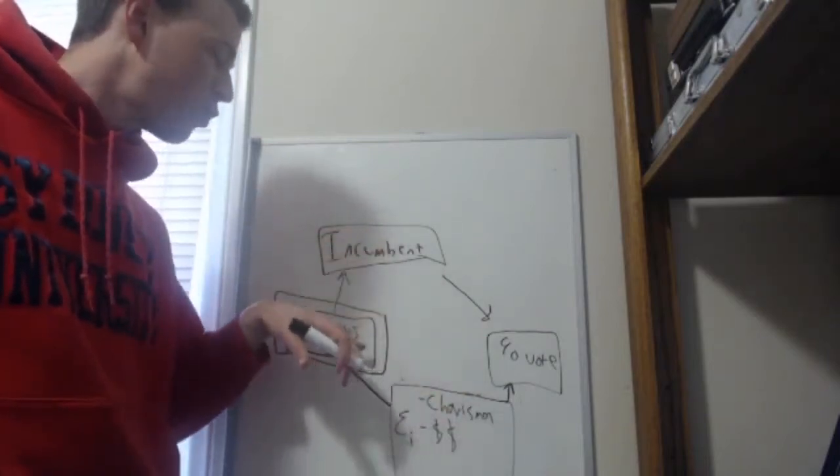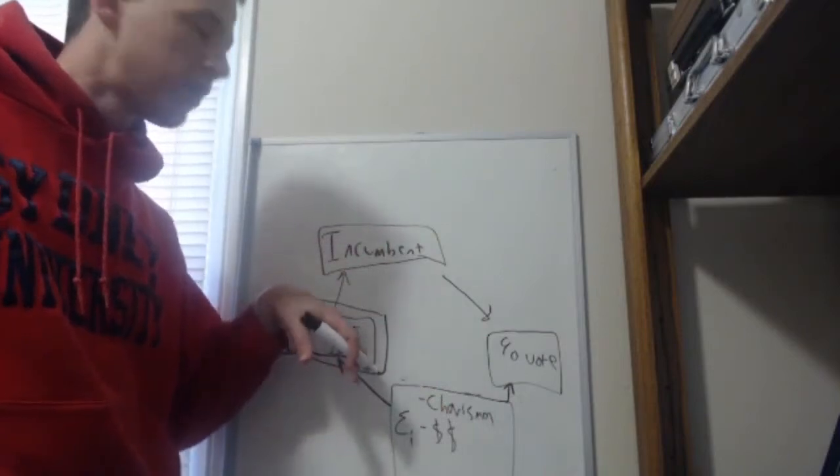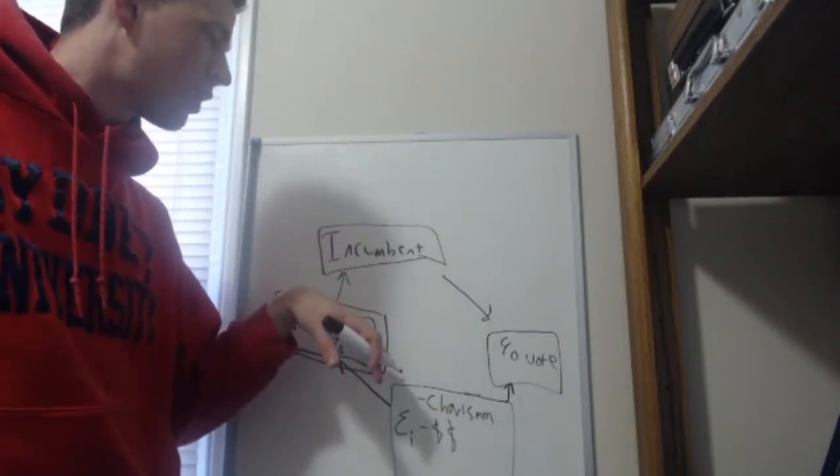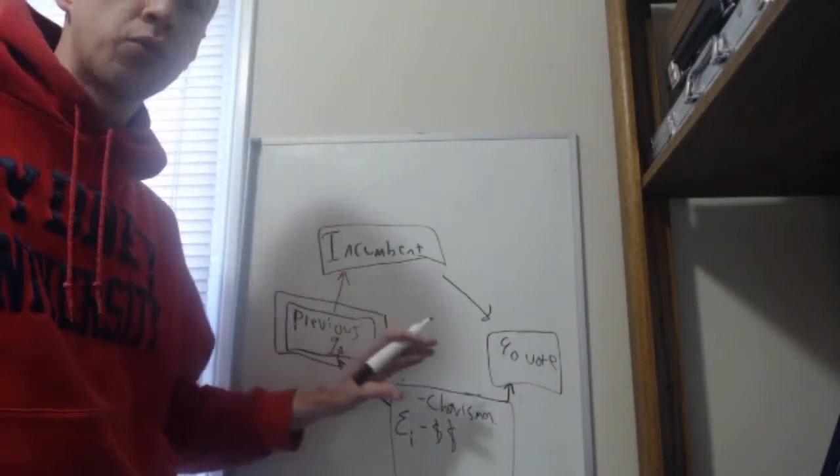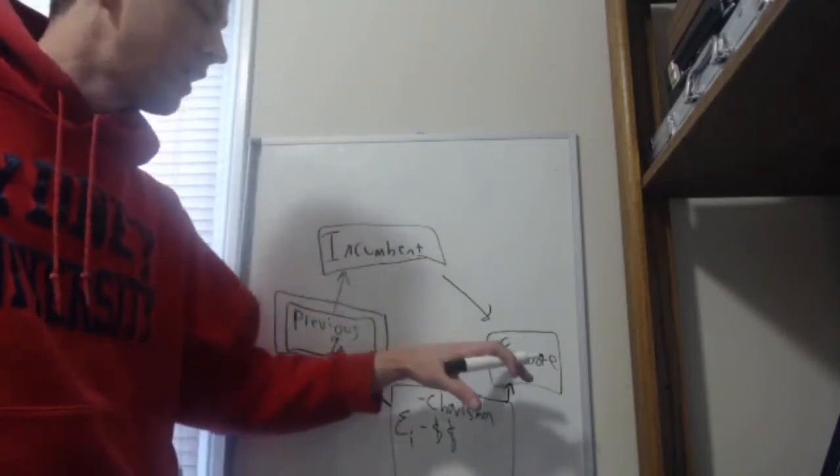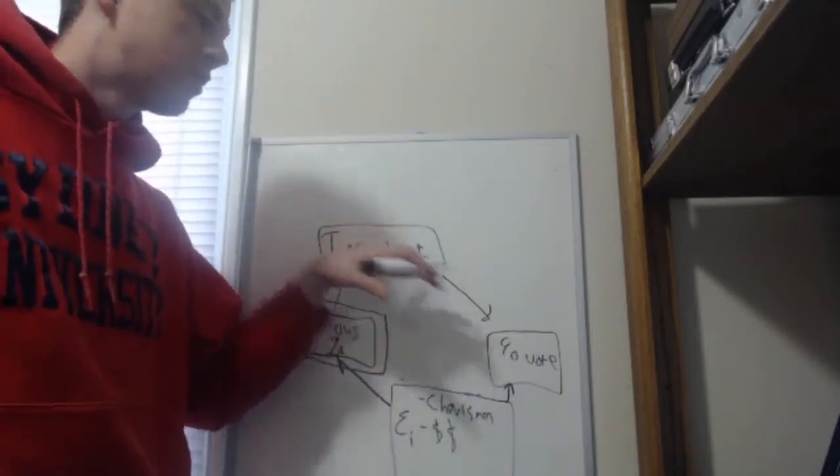They act through your previous vote share. And so by controlling for previous vote share, we are essentially blocking off any backdoor paths, any omitted variable paths to the outcome, and we end up just with a causal path.